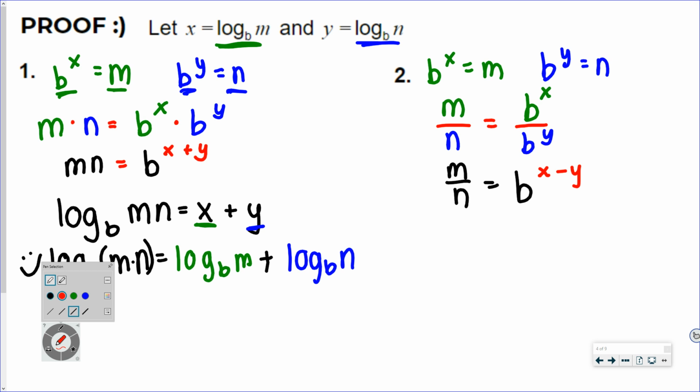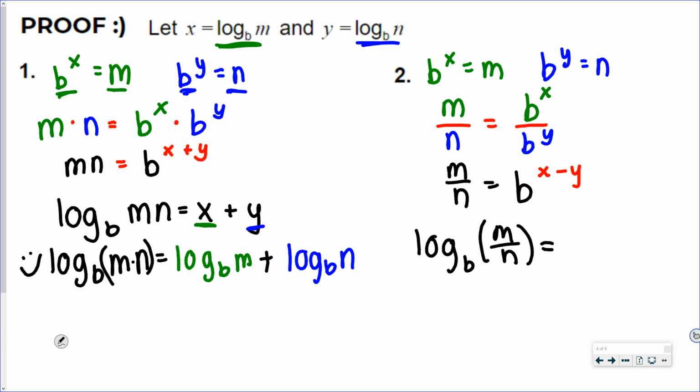Okay, now we're going to convert this to log form. So I have log base b of m over n equals x minus y, the power. And then we'll go back, substitute in what x and y were originally, which was log base b of m, log base b of n.